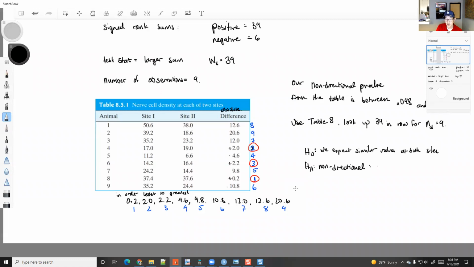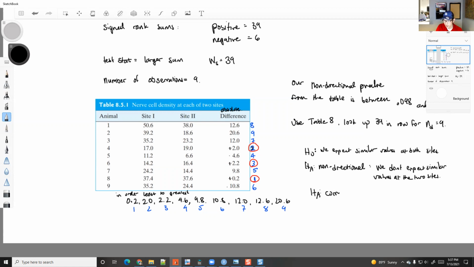Okay, a non-directional alternative would be, we don't expect the two sites to be the same. Okay, we don't expect similar values at the two sites. And you can have a directional one, right?